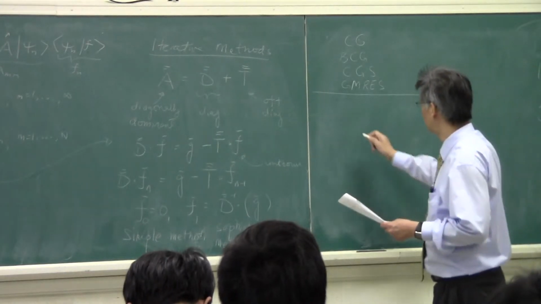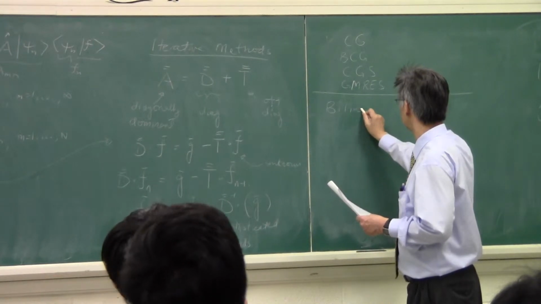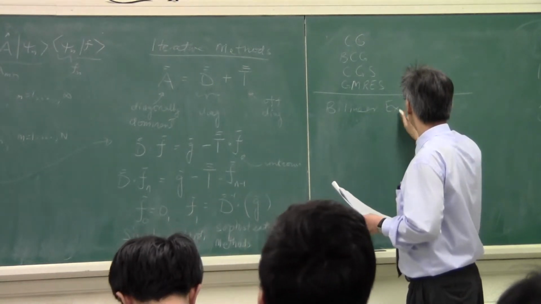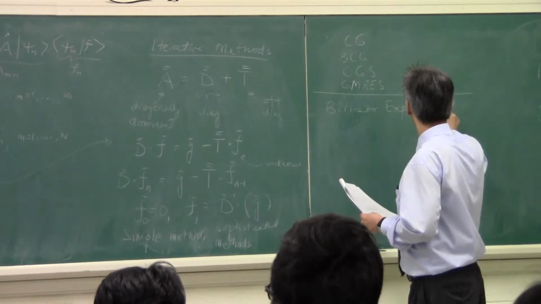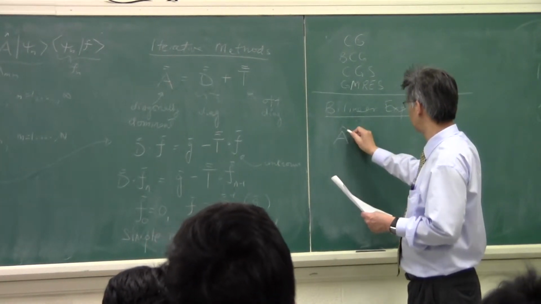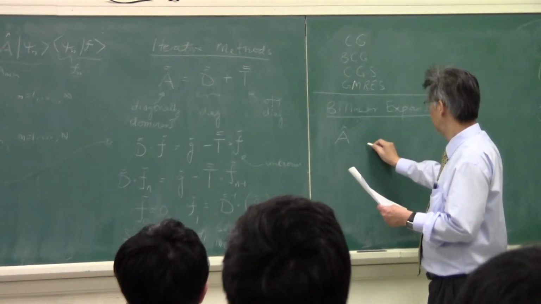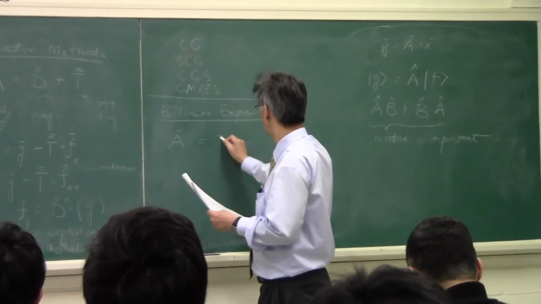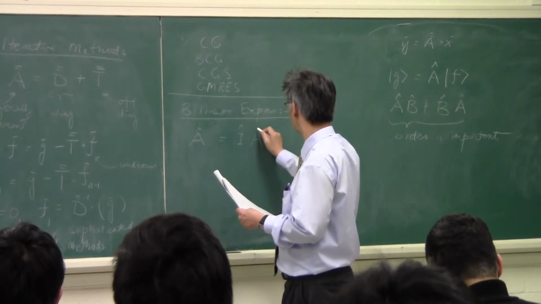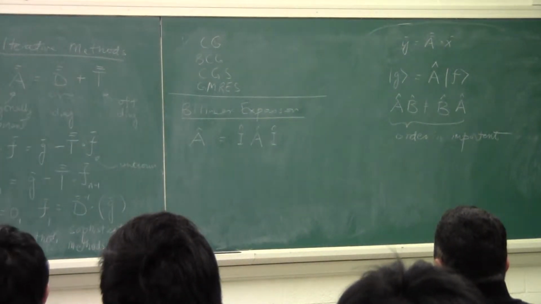And then in general, for an operator, I would like to talk next about bilinear expansion. Bilinear expansions are expansions that look like this. If I have an operator A hat, I can insert an identity operator in front of and behind it. I can use this identity operator.